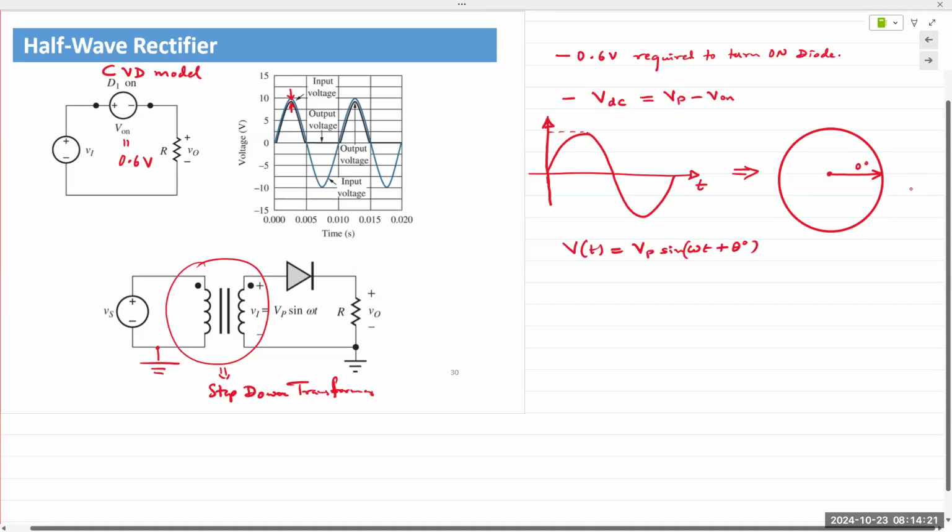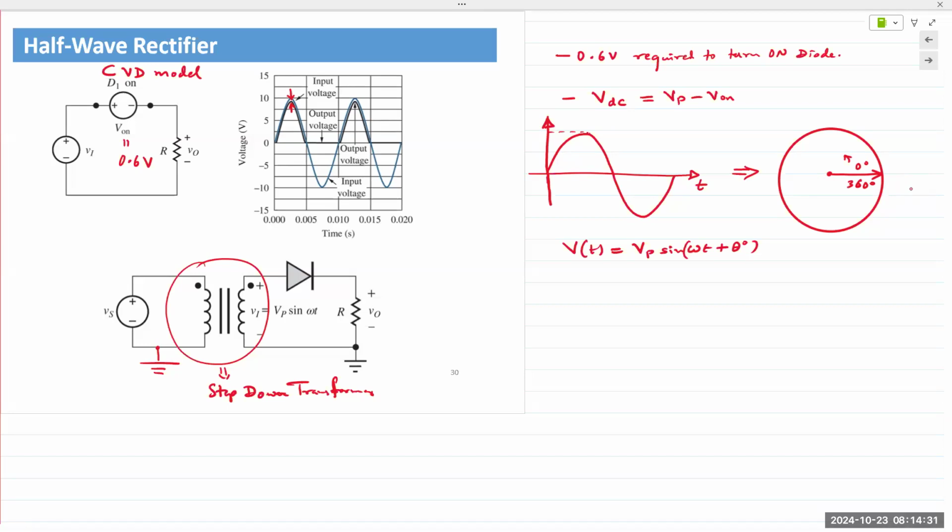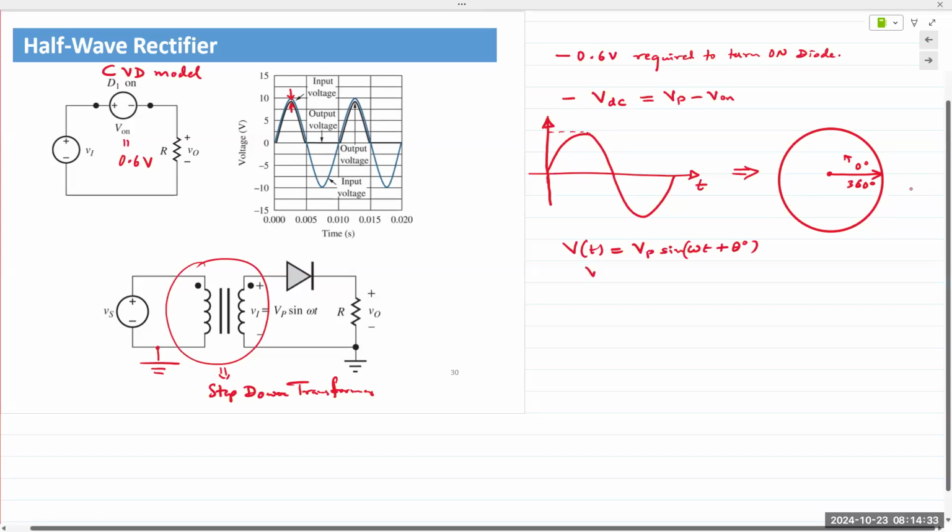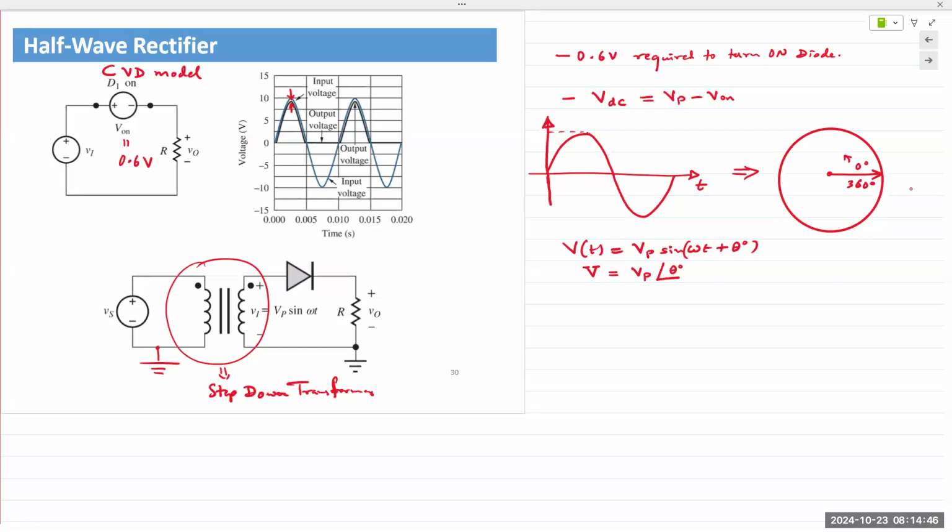That's 0. This is 0 degrees. This is 360. Right? It rotates in the counterclockwise direction. We can write the phasor or this voltage as VP with a phase angle of theta. Look familiar? Hopefully it rings some bells.